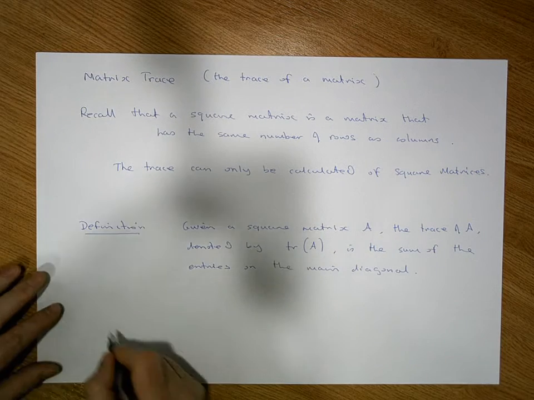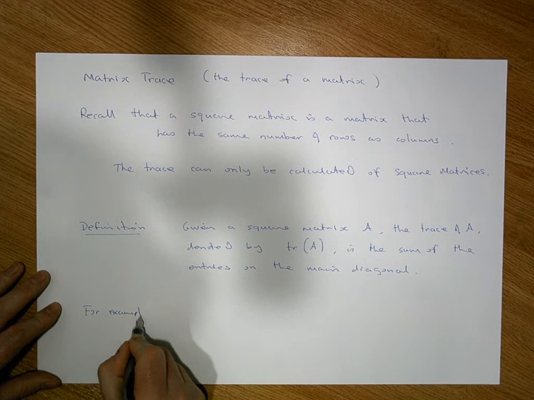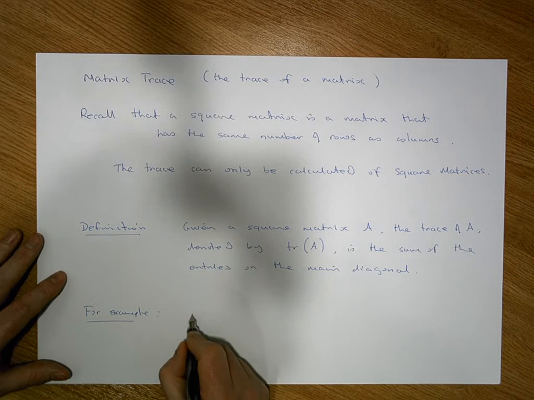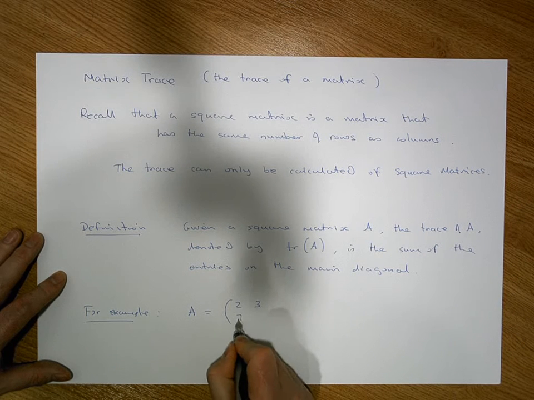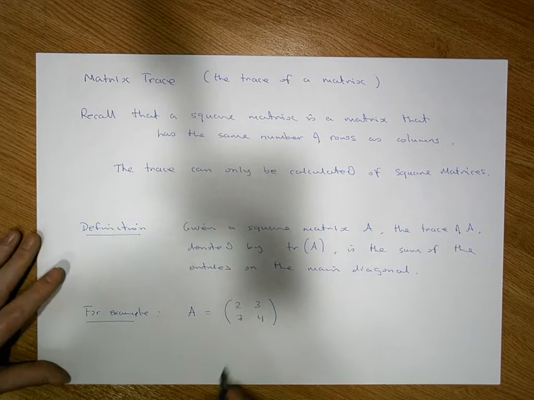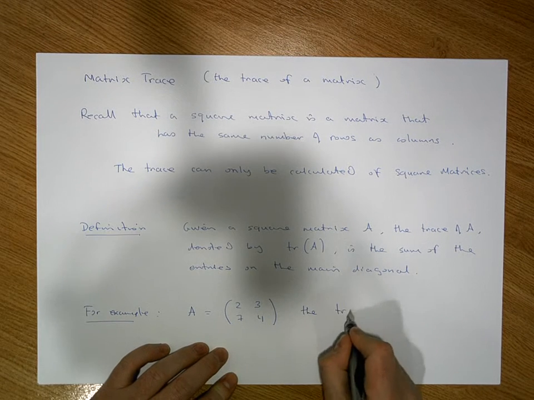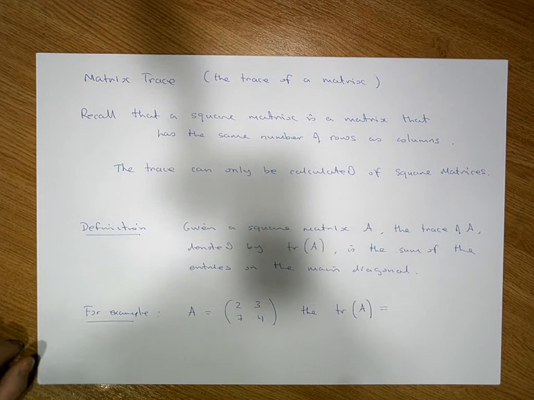So for example, let's consider a square matrix. Let's say we have A is [2, 3; 7, 4]. This is a square matrix. Well then, the trace of A is simply equal to the sum of the entries on the main diagonal.